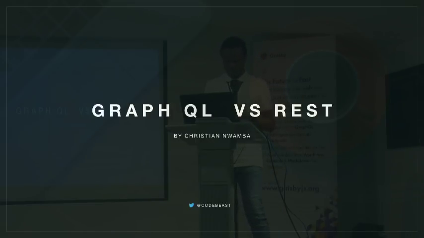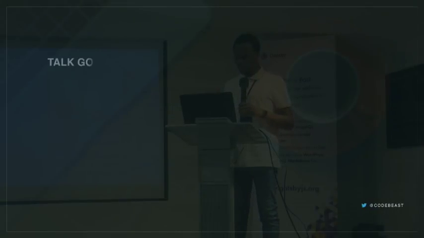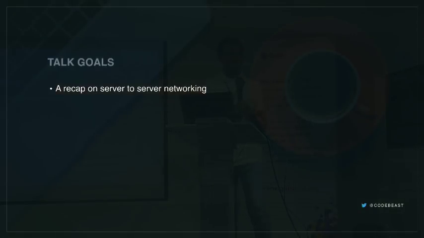So, generally, we're going to cover the following. We're going to have a recap on server-to-server networking. It's something we basically know, but I'll just show you a diagram on how things work so you can refresh your memory. And then we're going to compare SOAP, REST, and then this new girl called GraphQL.